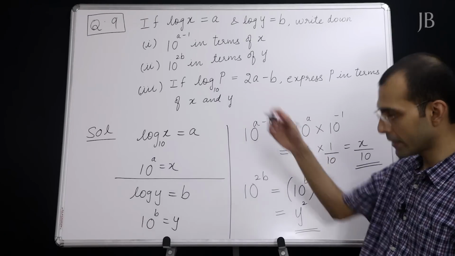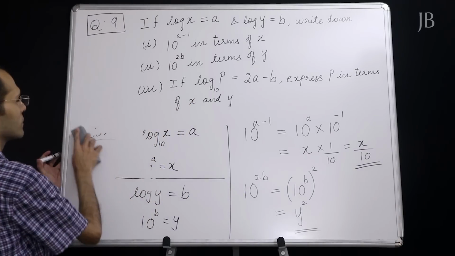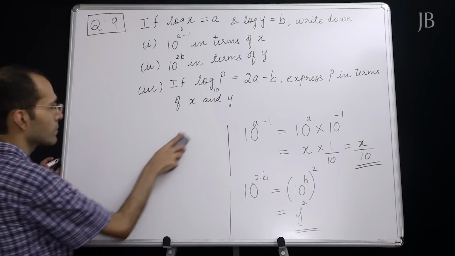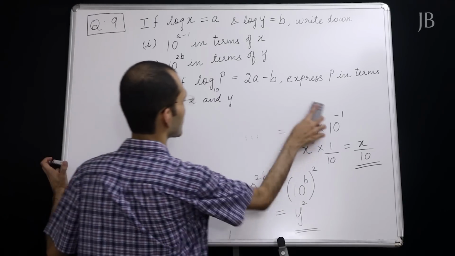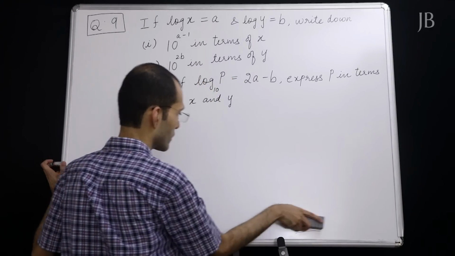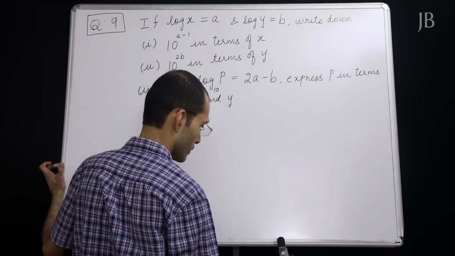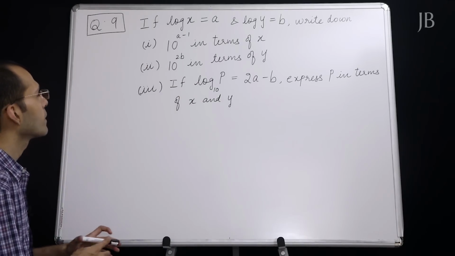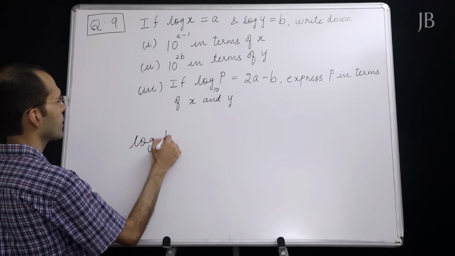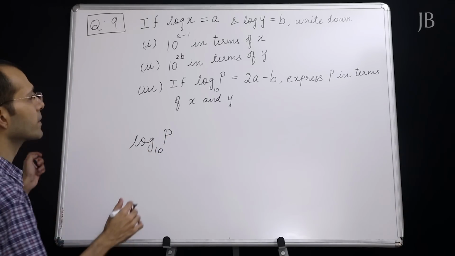Now let us have a look at this subpart 3. Now log of p to the base 10, even if the 10 was not given, it is understood the base is 10.